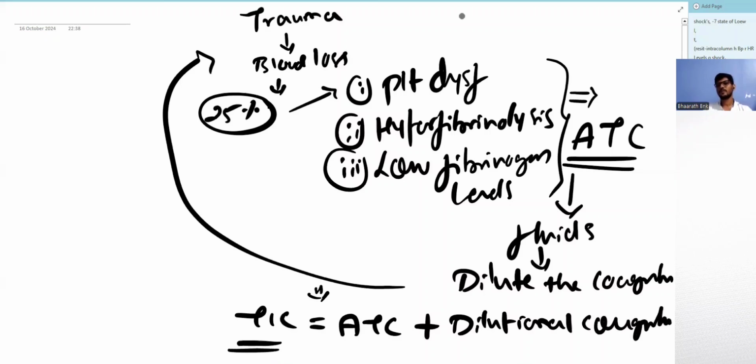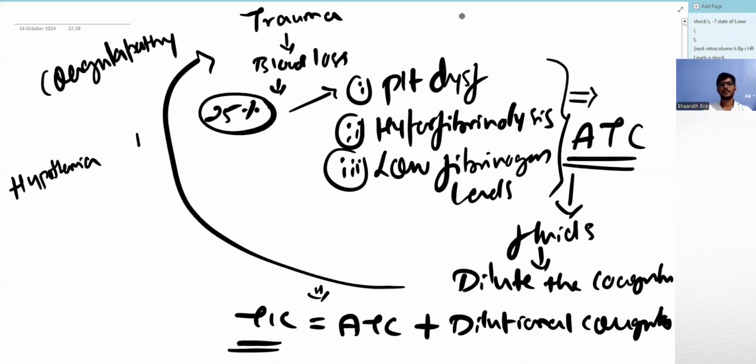Till now, what we have discussed is coagulopathy and hypothermia and acidosis to be the features of a shock, where hypothermia can lead to acidosis, acidosis can lead to coagulopathy, and hypothermia can also directly lead to coagulopathy.